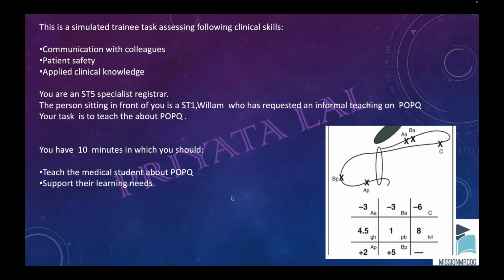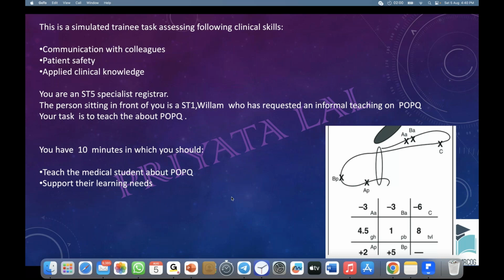Similarly, the next column shows -3. That is the big B, small a, Ba. Ba means the distal portion of the anterior wall, that is also 3 centimeters above the hymen.